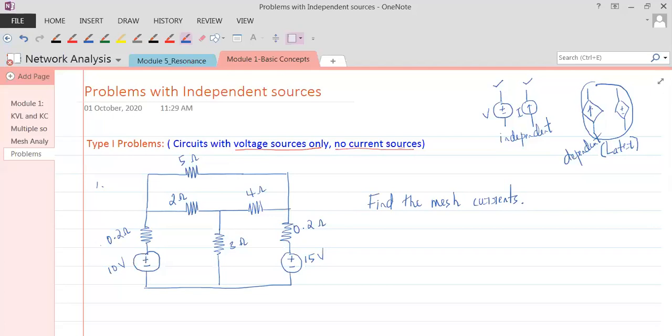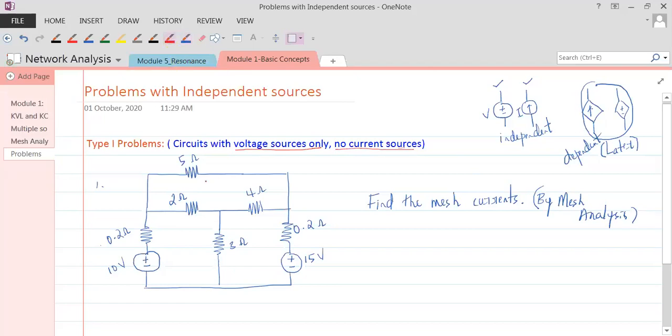Mesh currents means by mesh analysis. So it's understood that we are doing this by mesh analysis. Everybody's okay with this? Anything we find by mesh analysis is first finding mesh currents. Understand? So what did we do in the previous example that we discussed?